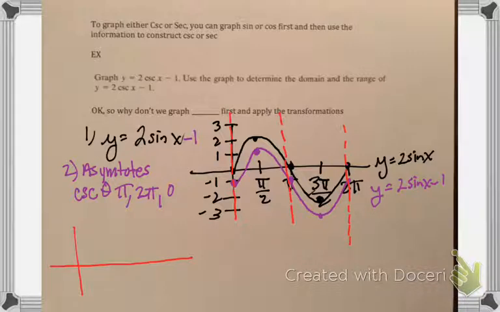I'm going to quickly put in red the sine graph. So we have pi over 2, pi, 3 pi over 2, and then 2 pi. Okay, and once again, the asymptotes, I'm going to place those in there really quickly. Alright, and the sine function goes up to 1, it went down to negative 1, and then it went down to negative 2, and then it went back up to negative 1.